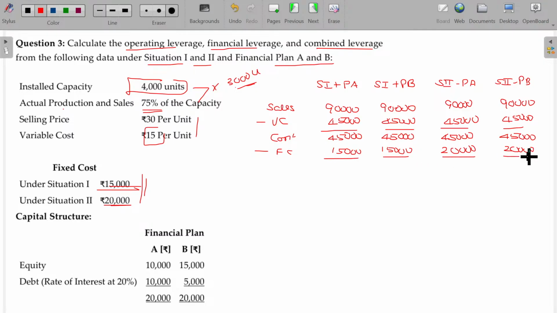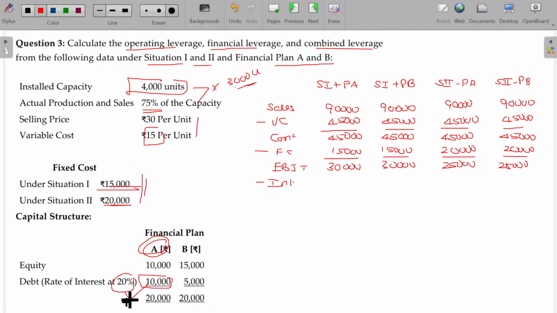Then what about the EBIT? 30,000, 30,000, 25,000, 25,000. Now you have to subtract the interest. In financial plan A, we have debt being 10,000 and the rate of interest applicable being 20%.